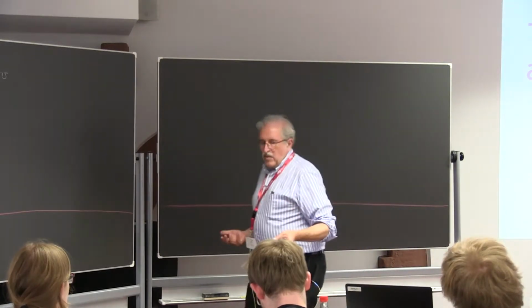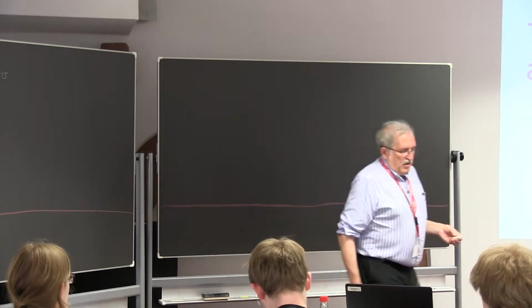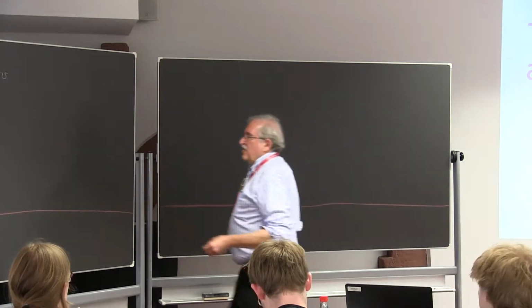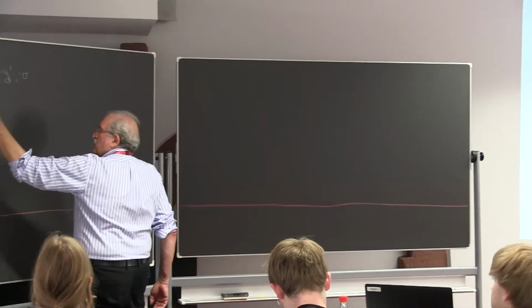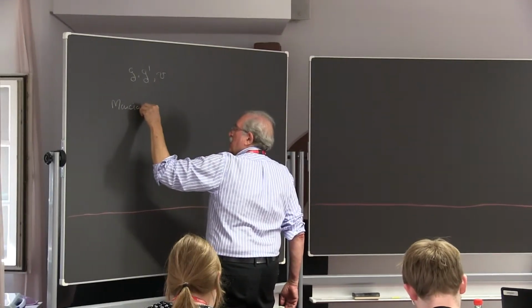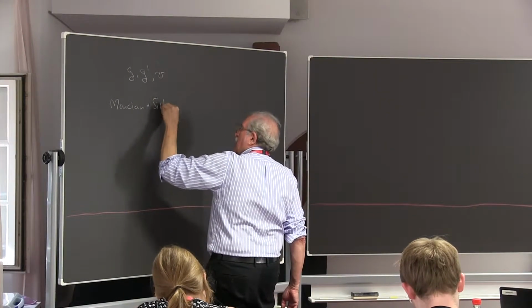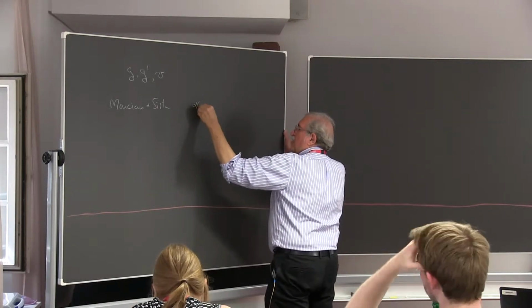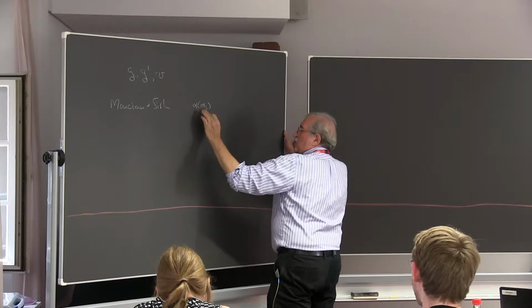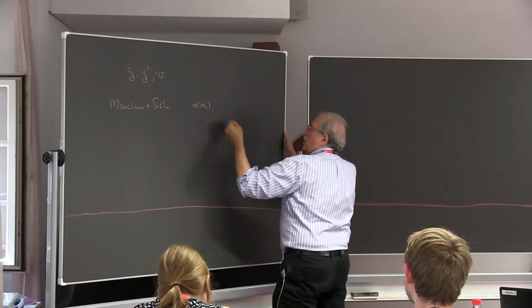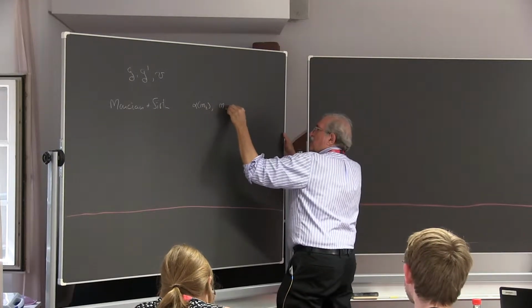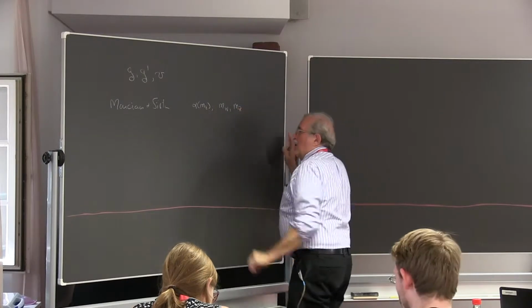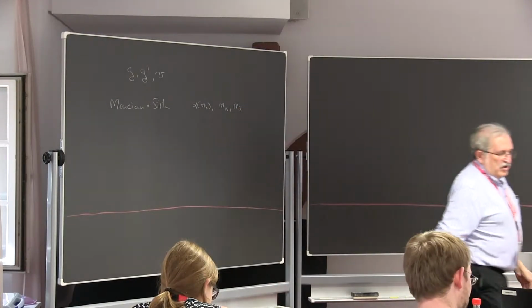There are various ways to do this. I think the original one that was done really carefully was the Marciano and Sirlin definition. That definition uses alpha, renormalization group run to MZ, MW, and MZ as three parameters that you would measure.